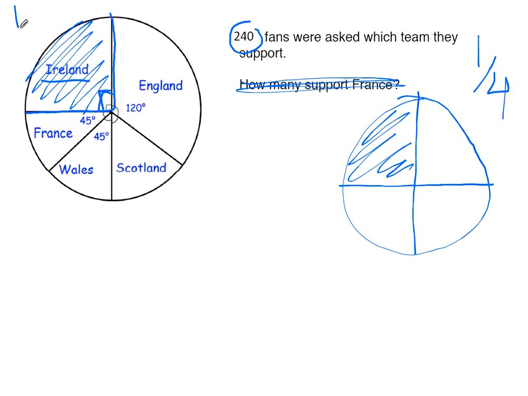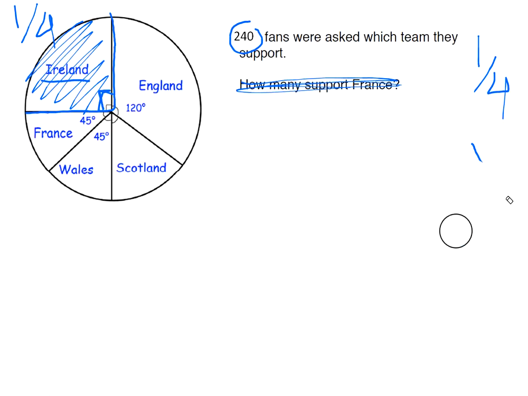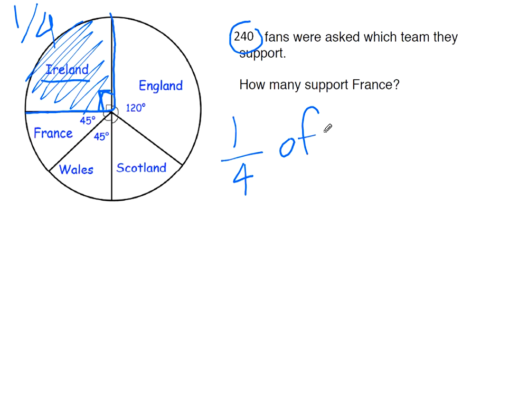So Ireland is a quarter. I will need to work out a quarter of 240, because all of that is 240.